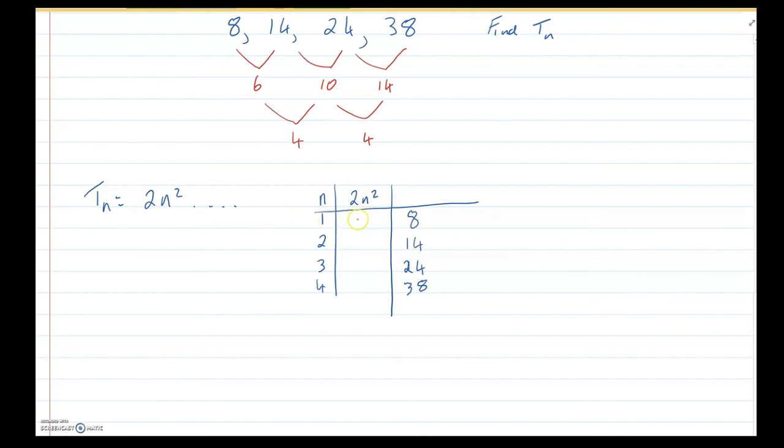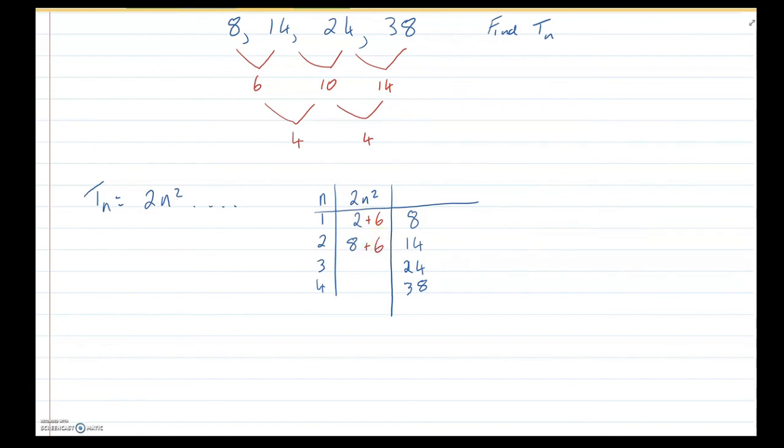So when n is 1, 2n squared is 2. What do we have to do to 2 to get to 8? You're adding on 6. When n is equal to 2, 2 times 4 is 8. And what do I have to do to 8 to get up to 14? Again, I have to add on 6.